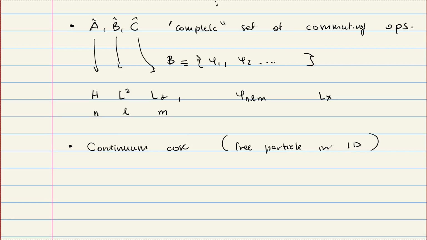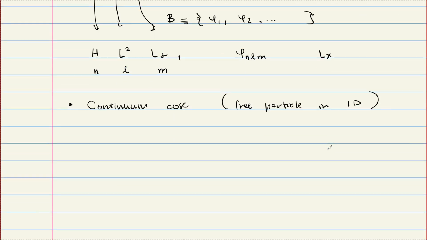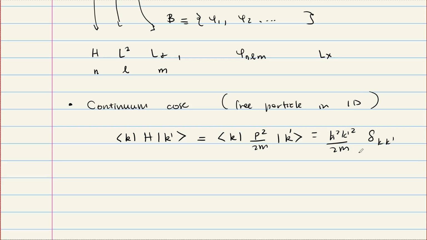and you can do all of these things we are doing. Typically they have a continuum spectrum, and you can also look at, for example, matrix elements, k prime. Let's look at the Hamiltonian's matrix elements. So this is going to be k, p squared over 2m, k prime, with p squared acting on k prime. So this is going to be h bar squared k prime squared over 2m, and k prime inner product with k is going to give us delta of k minus k prime.